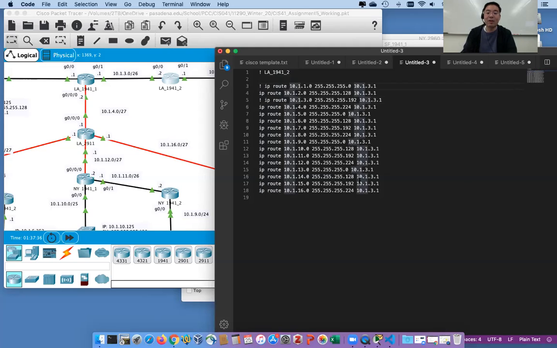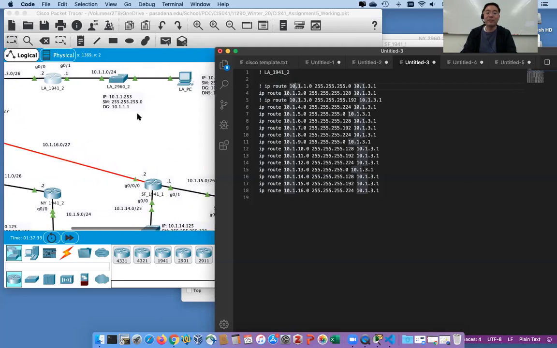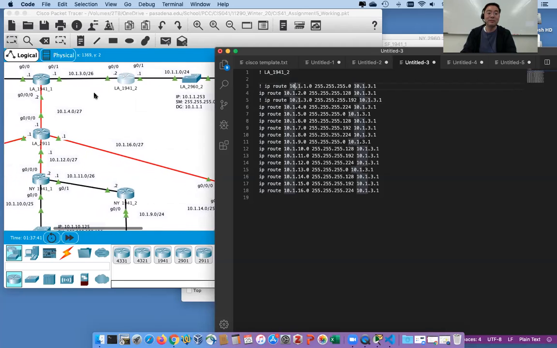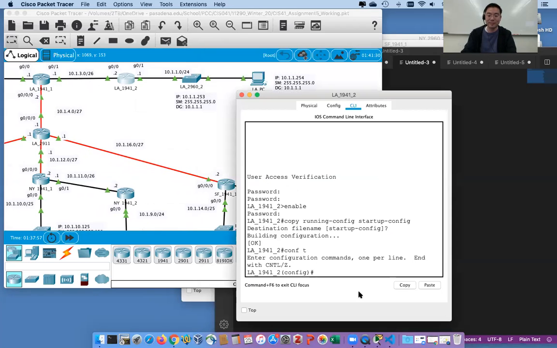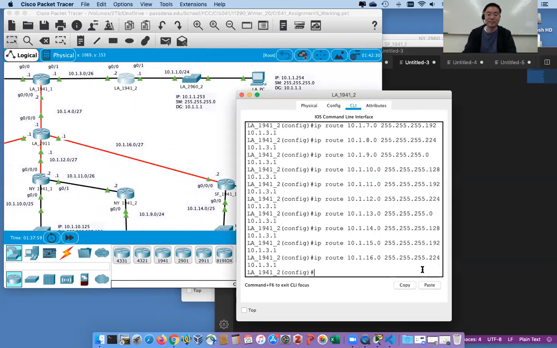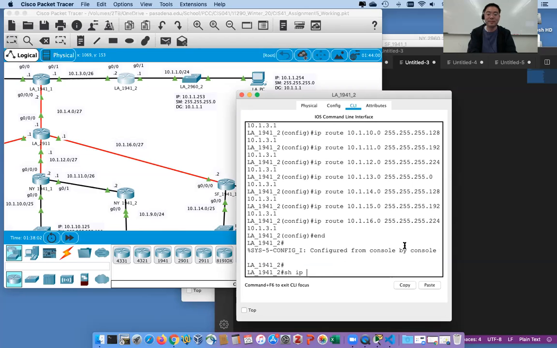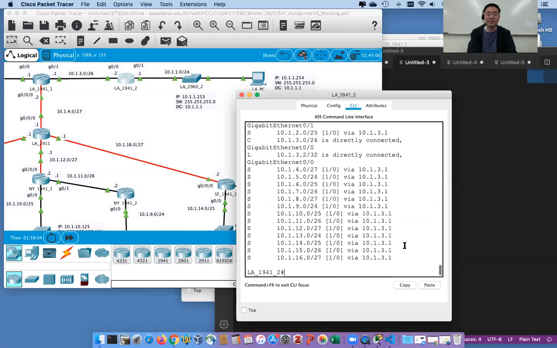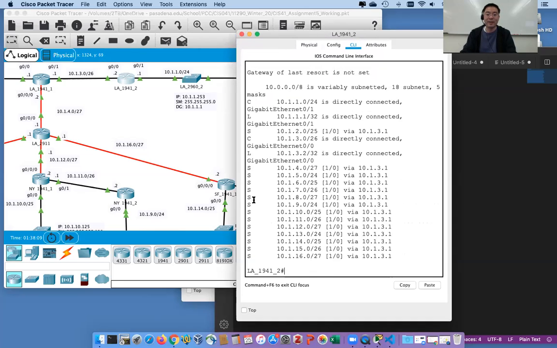And this one, all of the routes, because this one's a stub router. That means the route to get to any of these networks is via 10.1.3.1. There you have it.